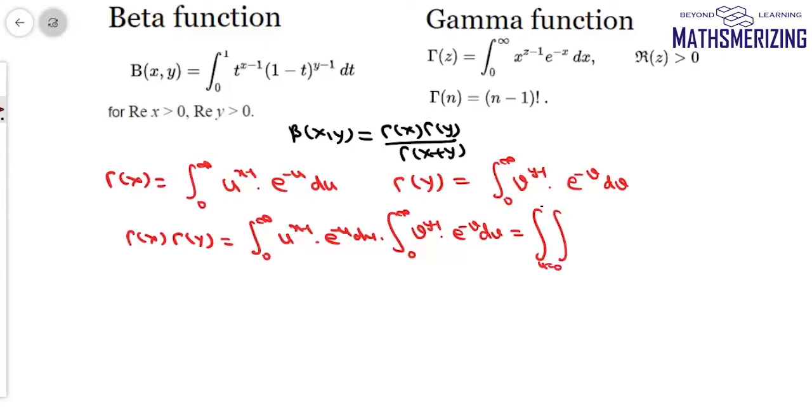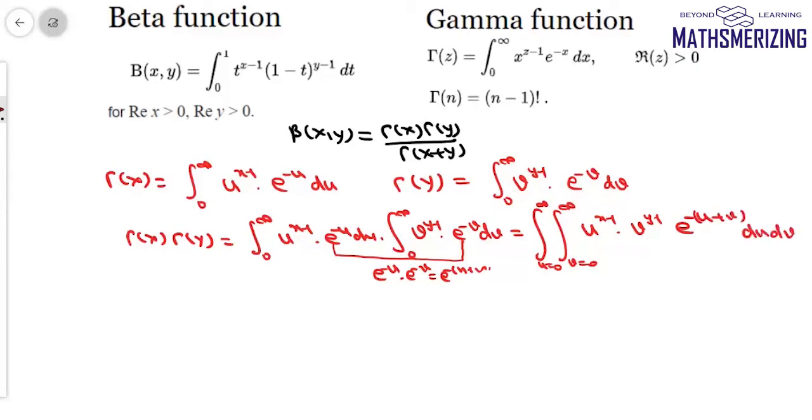U varies from 0 to infinite, v varies from 0 to infinite, and then it is u to the power x minus 1 into v to the power y minus 1, and then if we multiply e to the power minus u and e to the power minus v, I'll get e to the power minus u into e to the power minus v, which is e to the power minus (u plus v). So we can write e to the power minus (u plus v), and this is du into dv. So now we'll need to solve this double integral.